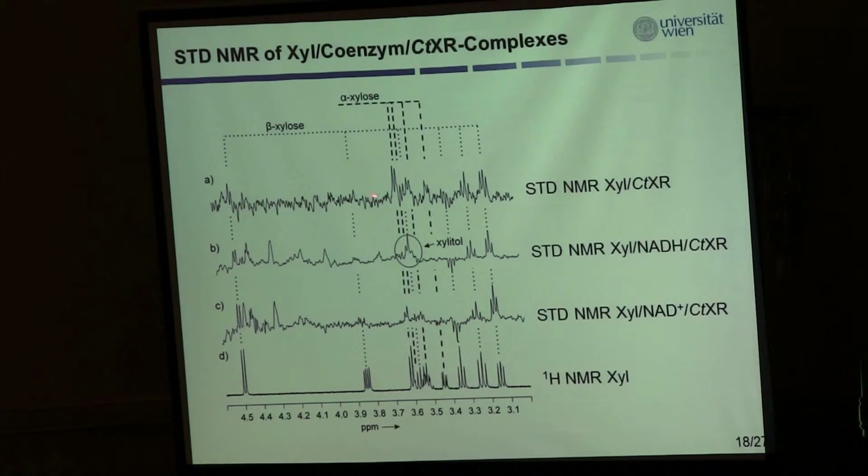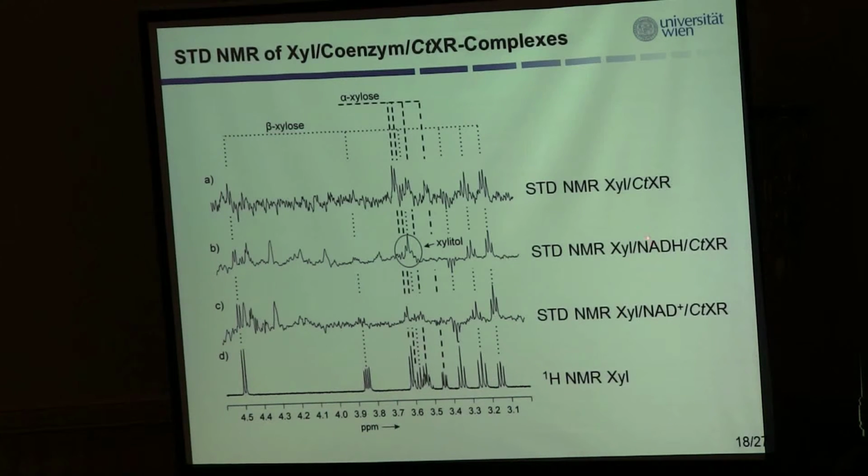I only would like to show that when we use here xylose and the enzyme, we see good signals of beta-xylose and good signals of alpha-xylose. However, when we change then to NADH, we see by far only the signals of beta-xylose. Alpha-xylose is not anymore available because it is transformed to xylitol.